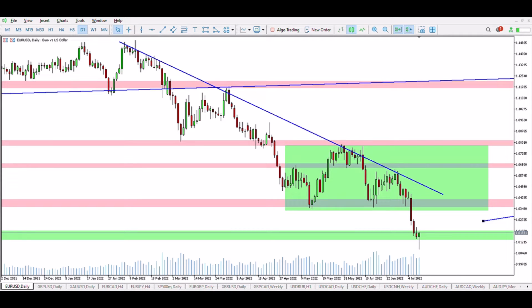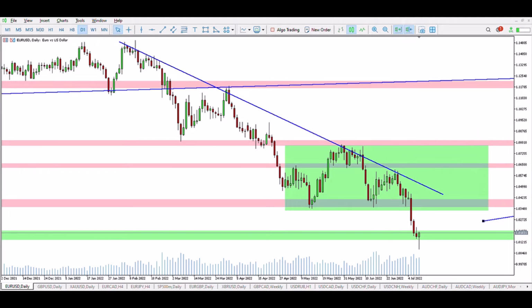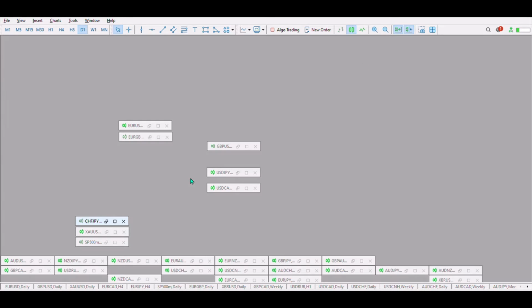So they will probably raise the interest rates, and we expect some interesting stuff about strengthening the euro. So if we break out from here, then the first target will be these highs here, and this is what I expect. So let's go to the next chart, and this would be the GBPUSD.